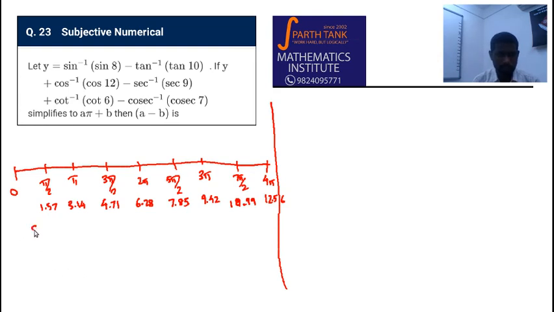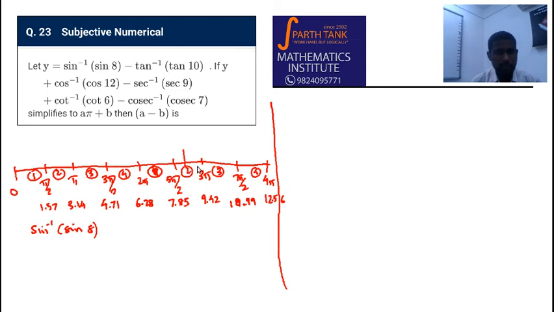So first let us take sine inverse of sine 8. Now 8 is going to be here. See, remember these quadrants also. This is first quadrant, second quadrant, third, fourth, and first quadrant again, second, third and fourth. So 8 is somewhere here.